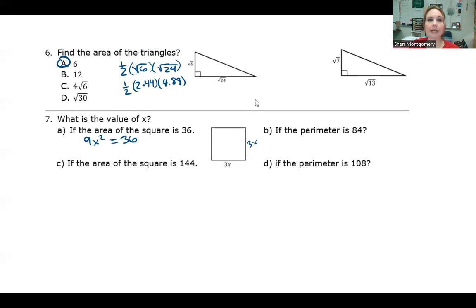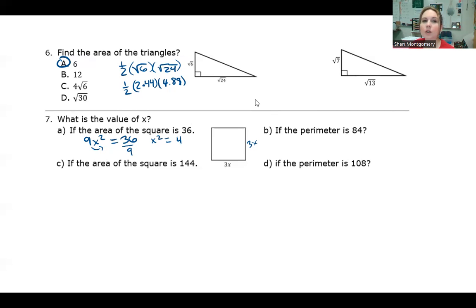We want to find x. So to find x, first thing that we got to do is divide by 9. We got 36 divided by 9, 4.